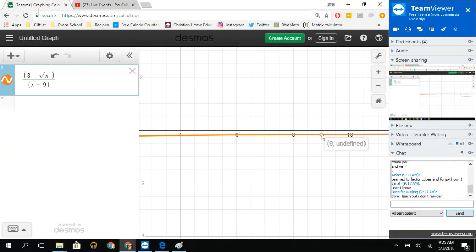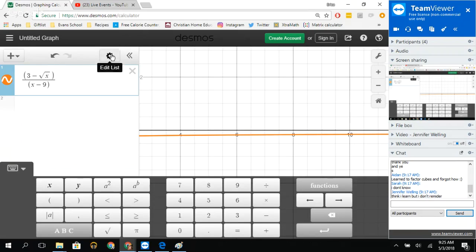Right at 9, it's undefined. Desmos does give me the open circle. So it looks like as I approach 9 from the left and the right, I'm approaching negative 0.166, and it's rounding for me.